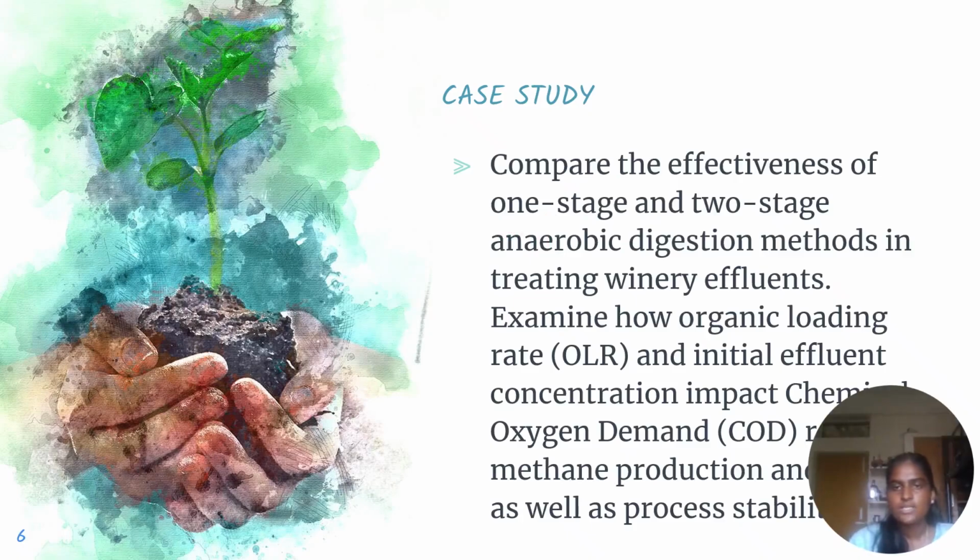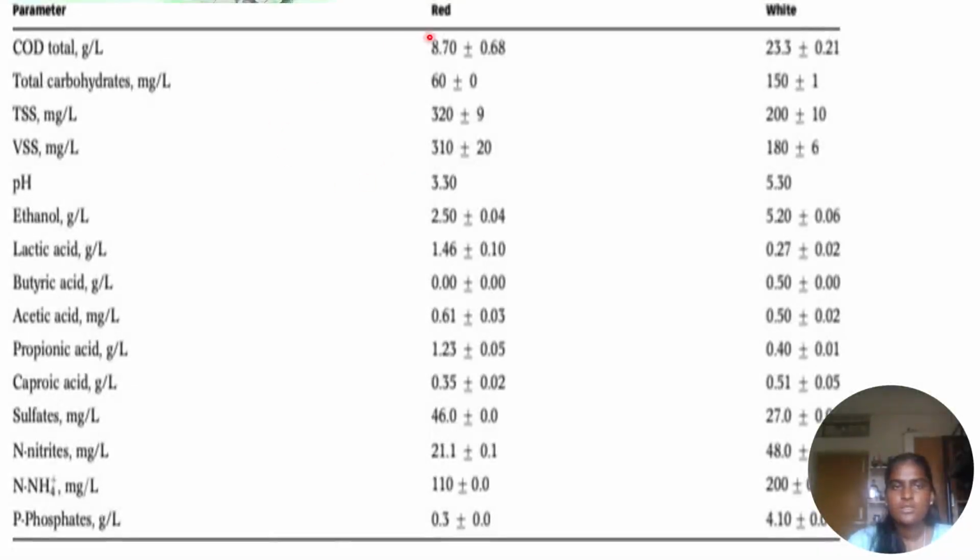From that, they analyze which one is best. This is the effluent of red wine and white wine. The COD level of the red wine is low as compared to the white wine, and other parameters like ethanol and so on are also low in the red wine as compared to the white wine.